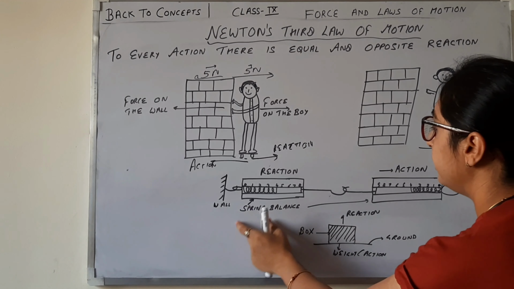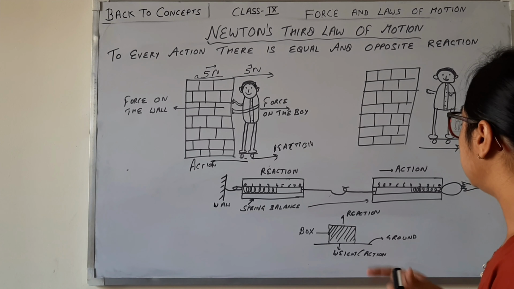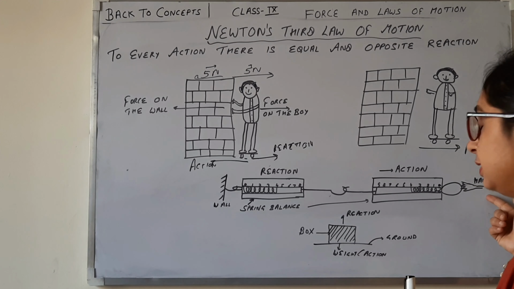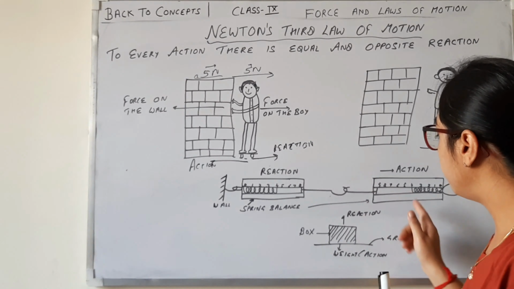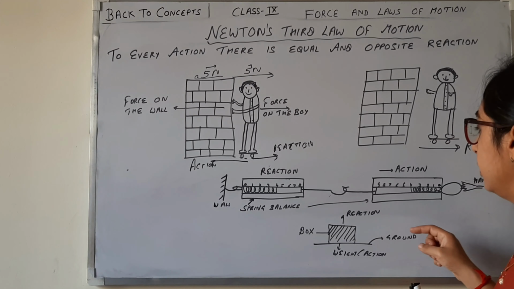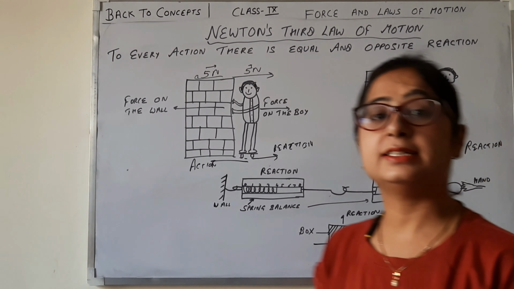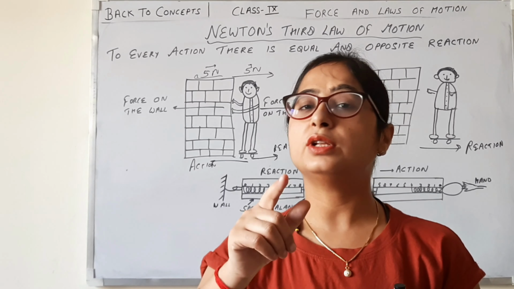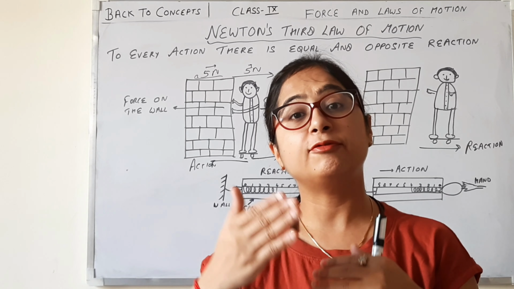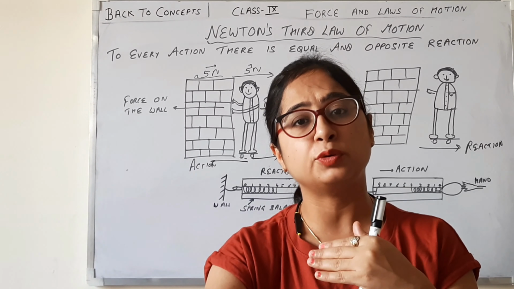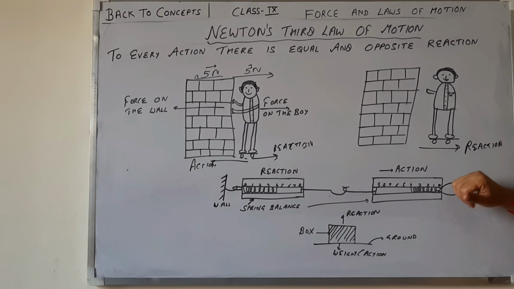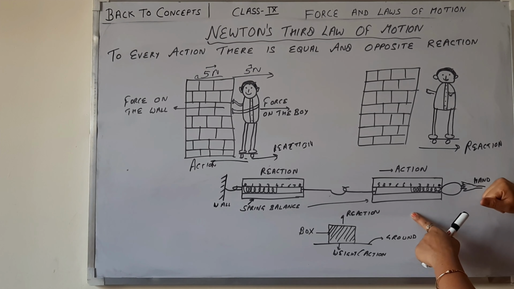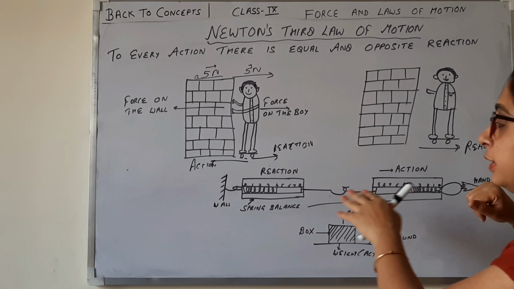So why does this happen? Because we are doing an action. Action means we are applying force on this spring balance. So first of all, what is action? Force applied on a body is known as the action, and force exerted by this body is known as the reaction. So this is the action because we are applying force on this spring balance, and what about the reaction?